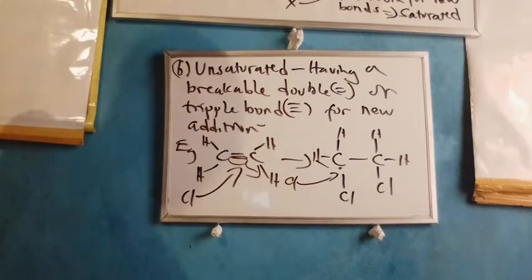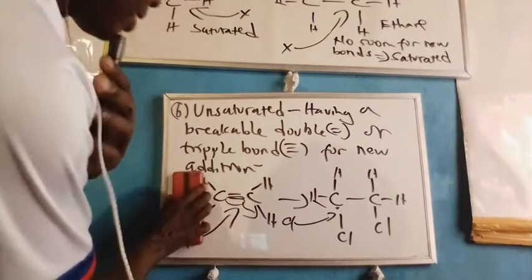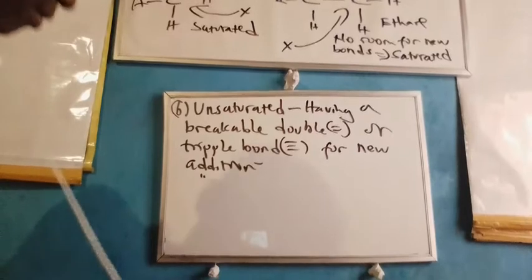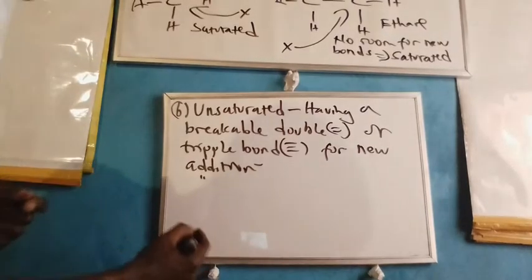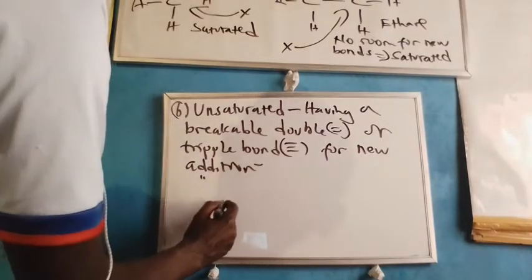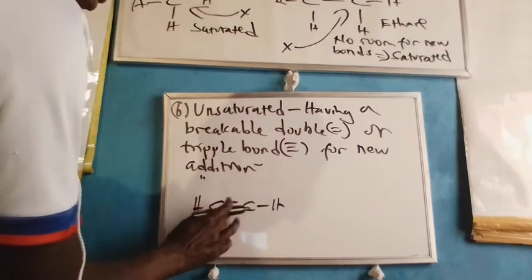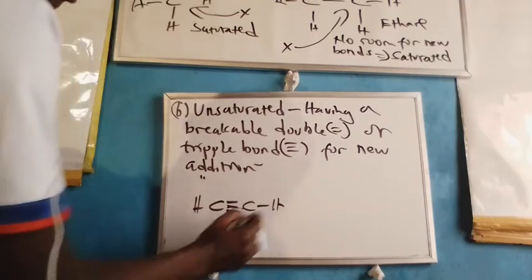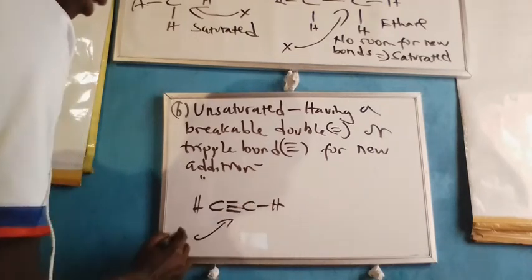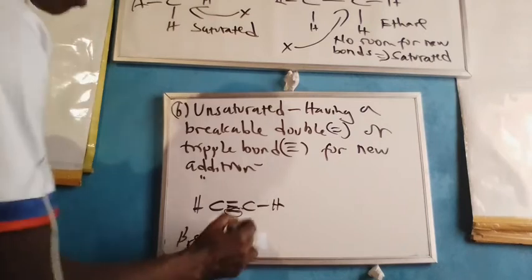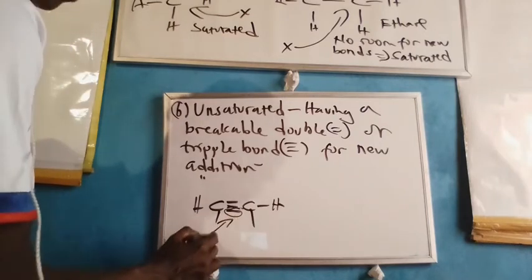It follows then that should you have a triple bond, such as that in ethyne, then the sequence will be as follows. Assuming I have my ethyne with a triple bond, and I bring in a halogen such as bromine, the first effect will be the breaking of the first bond, creating two principal points for addition.